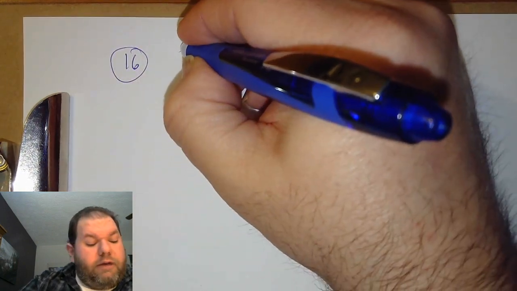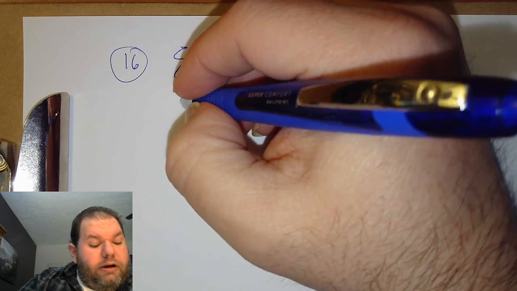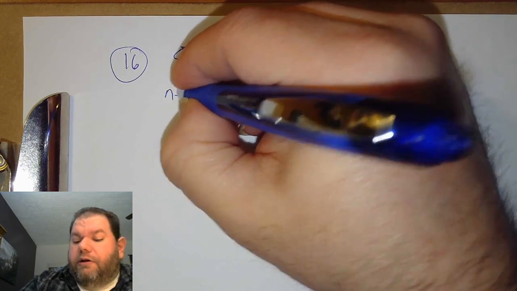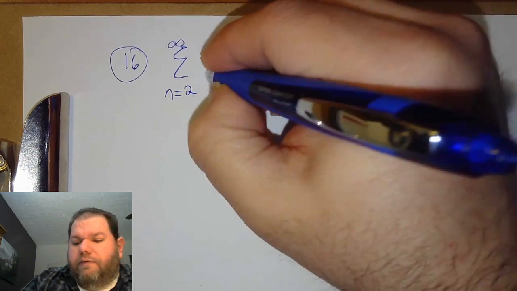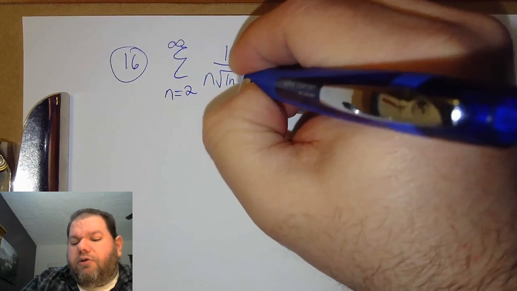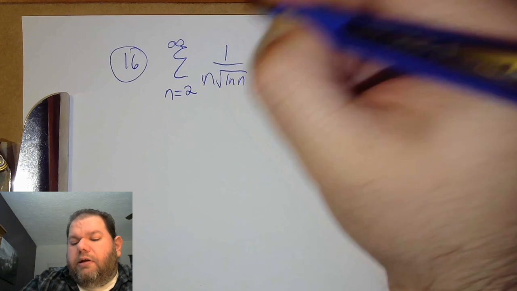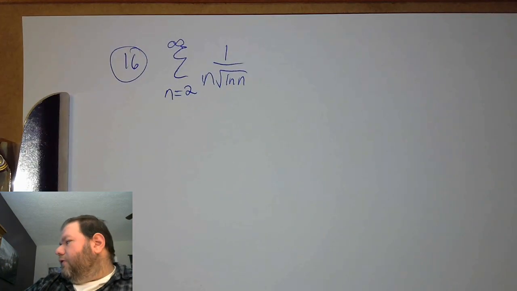There's one more I wanted to do. This is number 16. And we have the sum n equals 2 to infinity of 1 over n square root of natural log n inside of our summation.